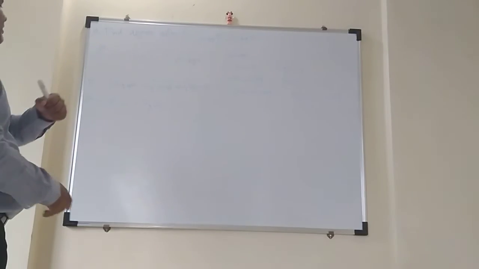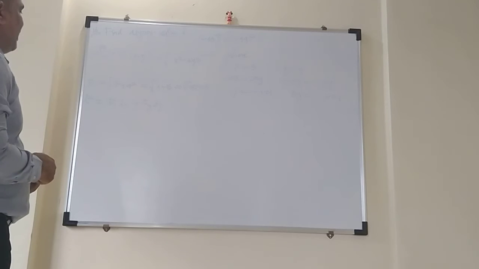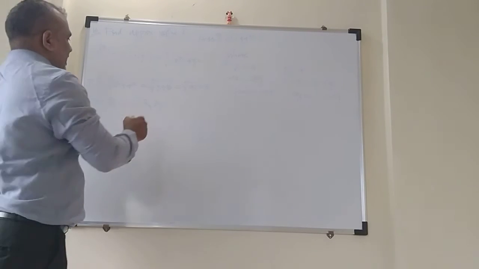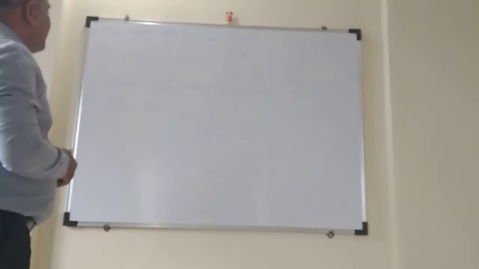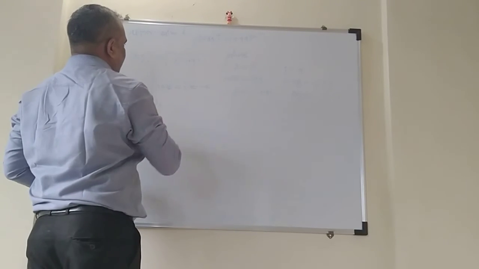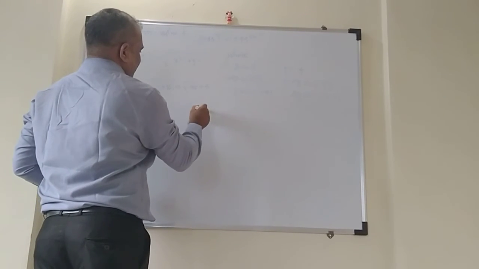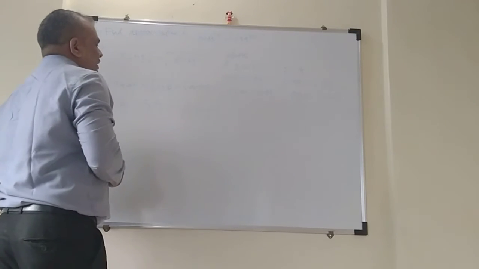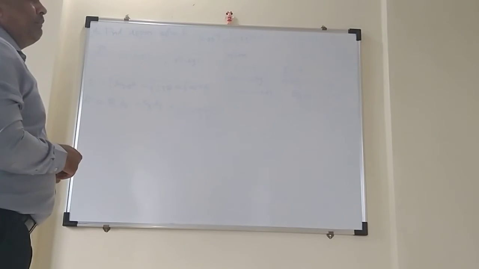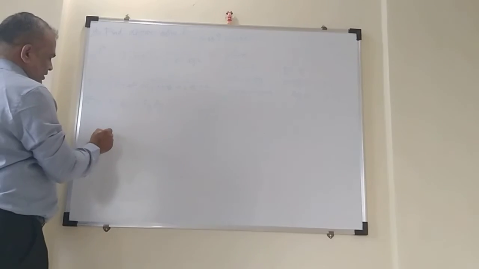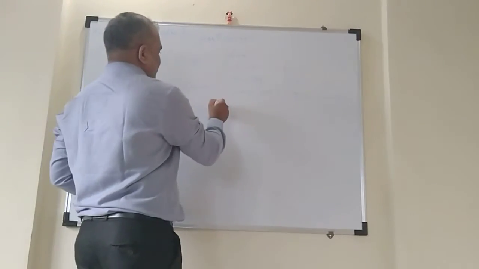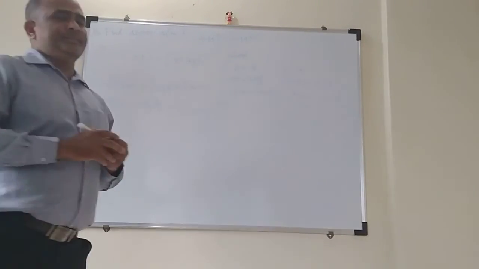If you differentiate the given function with respect to x and y, fx is equal to dou f by dou x, the partial differentiation of this function with respect to x, which will be equal to 1/2 times x square plus y square raised to power half minus 1. Half minus 1 will give you minus half.